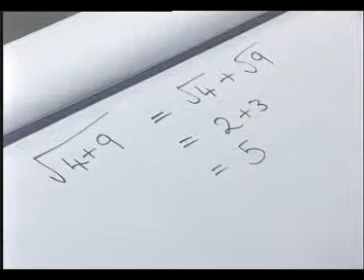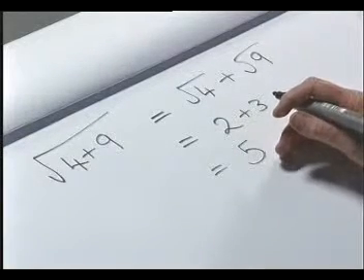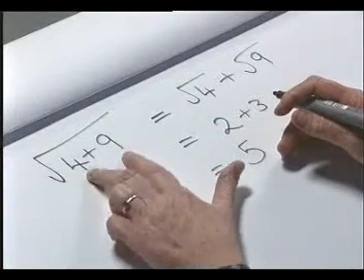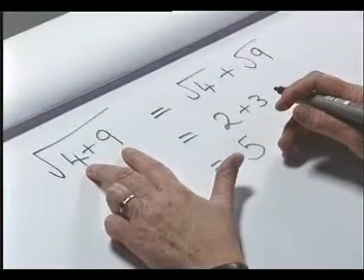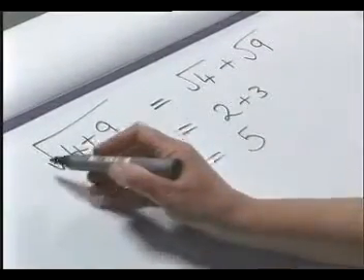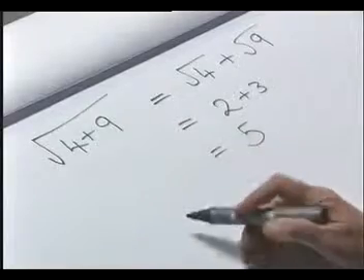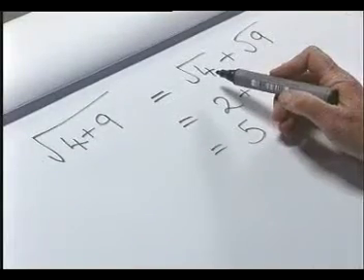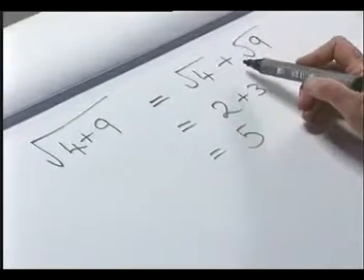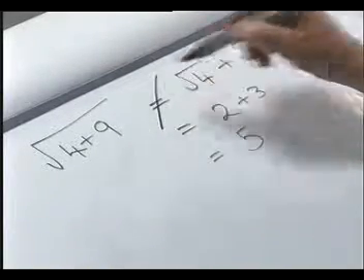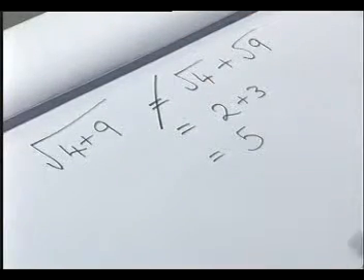This is not correct, because 5 is the square root of 25. And here we've got 4 plus 9, which is 13. So the square root of an addition is not equal to the square root plus the other square root. So please remember that. Those two rules that we previously did with surds and the expansion of multiplications only apply to multiplication and division, not to addition and subtraction.